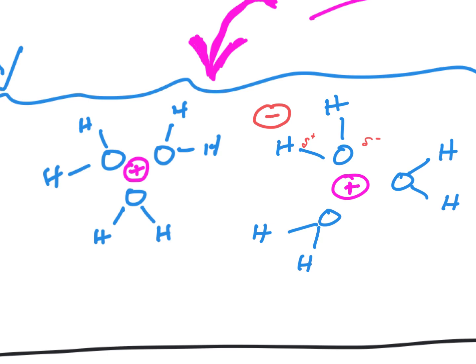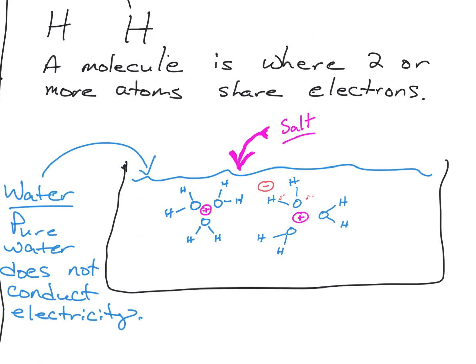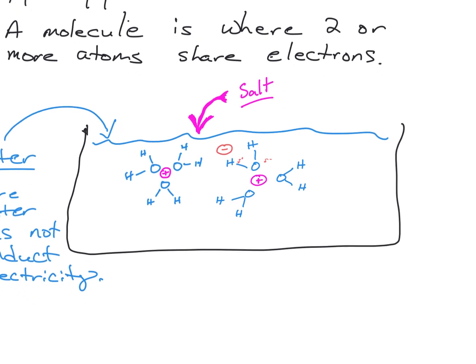Exactly. So, because oxygen is stronger than hydrogen, oxygen holds on to the electrons more as a partial negative charge. Hydrogen has a partial positive charge. So the hydrogen side of water is partially positive. It points to the negative, and the oxygen points to the positive, and it surrounds it.